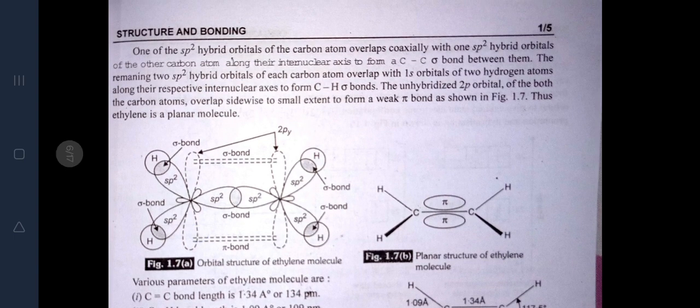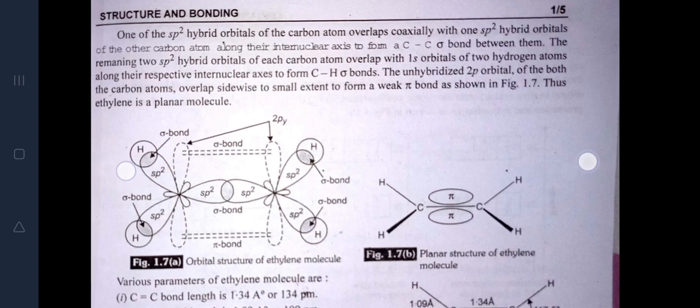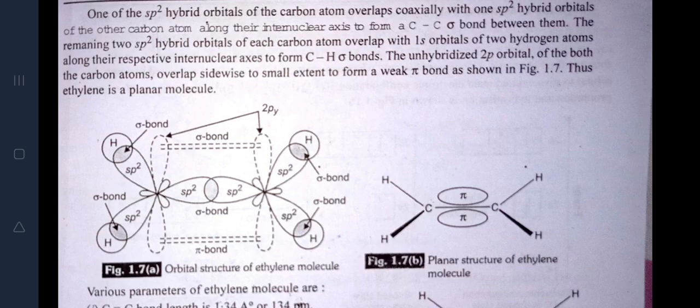One of the sp2 hybrid orbitals of a carbon atom overlaps coaxially with one sp2 hybrid orbital of the other carbon atom along their internuclear axis to form a carbon-carbon sigma bond between them. The remaining two sp2 hybrid orbitals of each carbon atom overlap with the s orbitals of hydrogen atoms along their respective internuclear axes to form carbon-hydrogen sigma bonds.